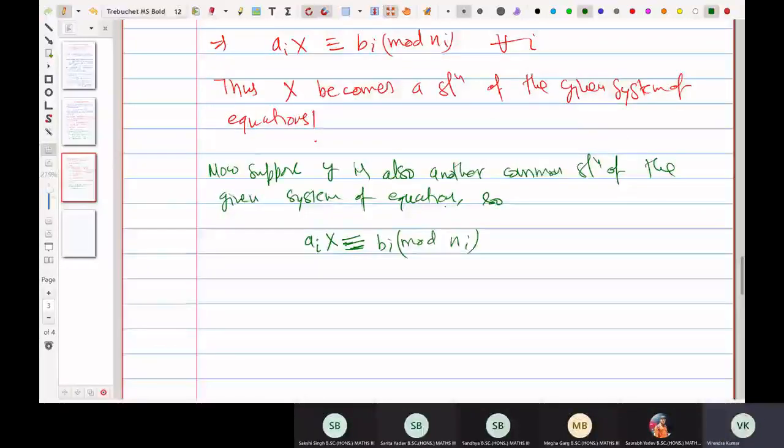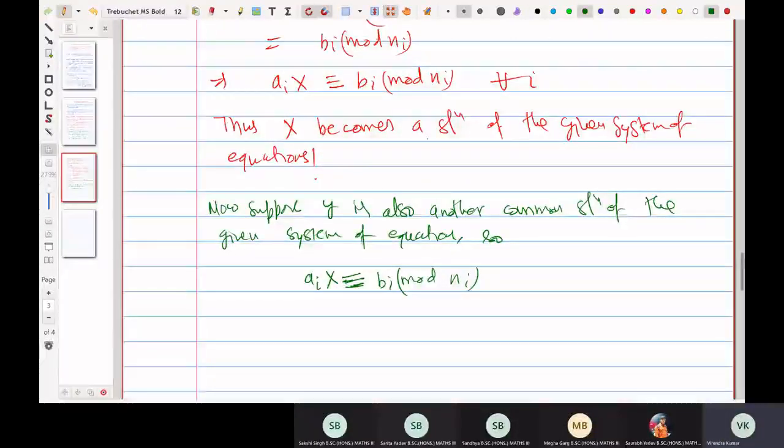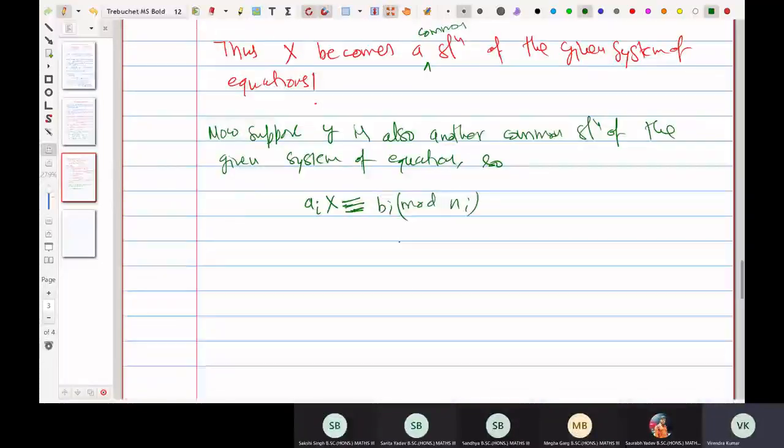Let us write, a common solution, that is, it is a solution of each and every equation. Okay. So Ai X equals Bi, this we have, and because Y is also a solution, therefore we can write Ai Y is congruent to Bi modulo Ni.